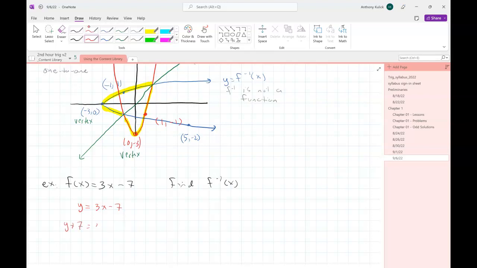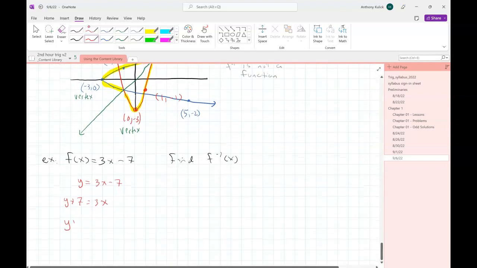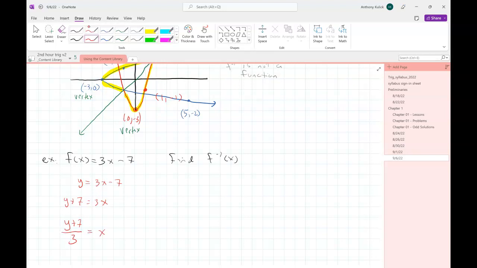Little concerning that nobody wanted to answer that, but okay. And then the next thing I would do is divide by 3. And I'm just going to write this as y plus 7 all over 3. So that's step 1. Get x by itself.